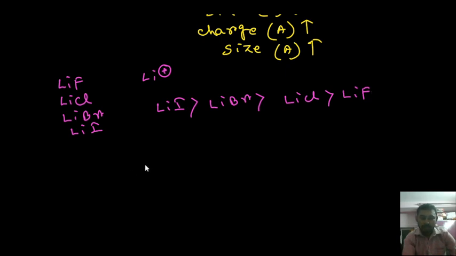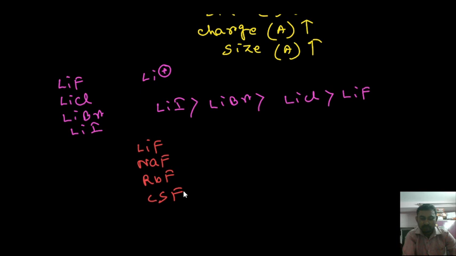And for another example, LiF, NaF, RbF, CsF. Here the anion remains fixed, F minus, so the cation changes: lithium, sodium, rubidium, cesium.